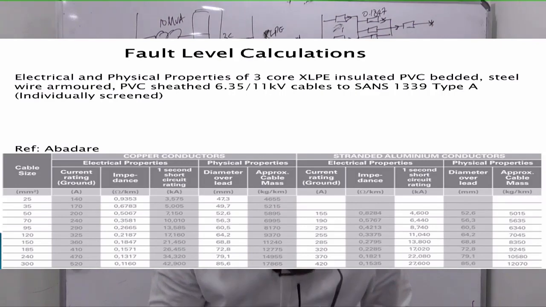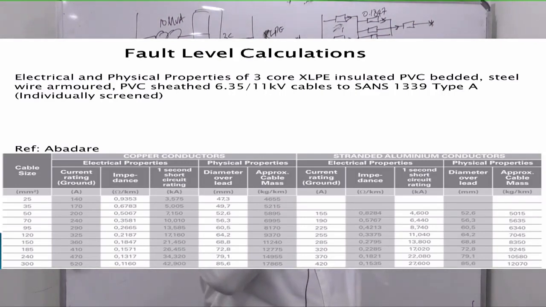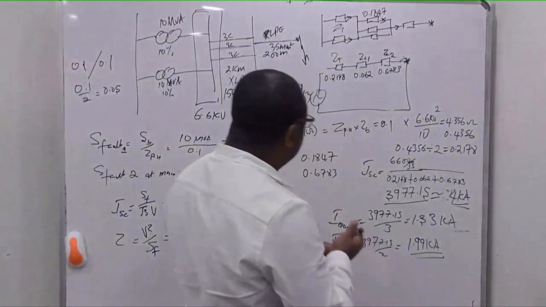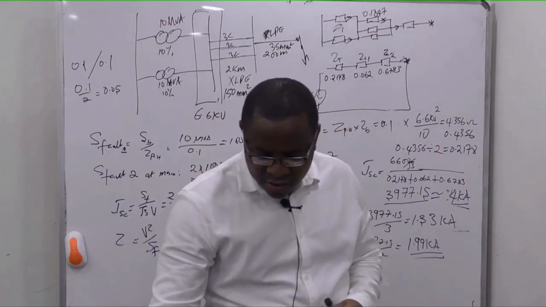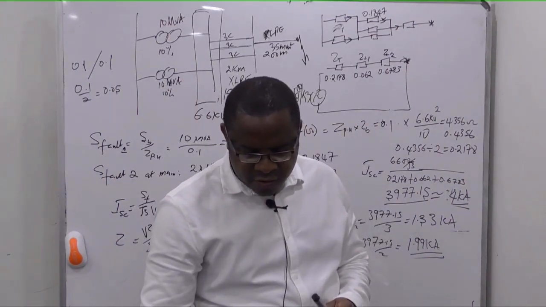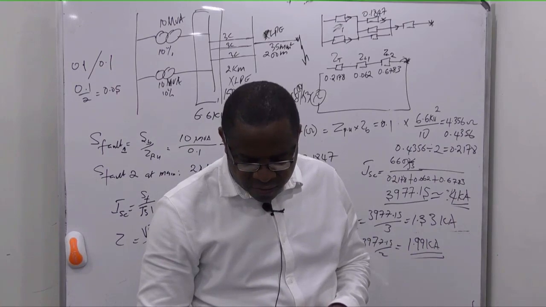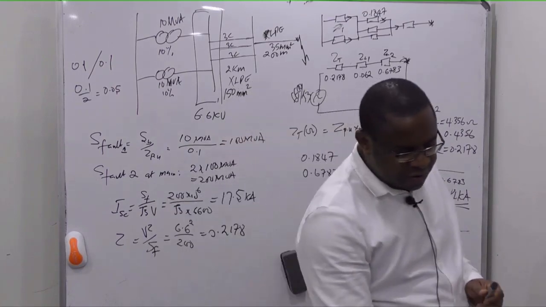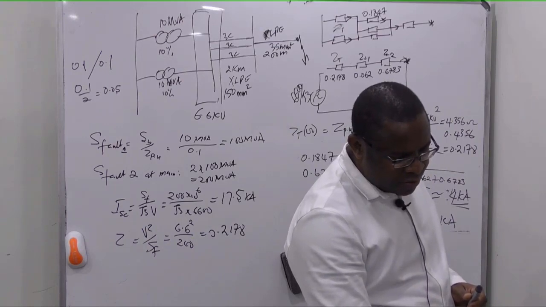But you can calculate it. So we're going to calculate. You know what I did before? 35 mils. For 35 mils, let me show you a table you can use also. 35 for XLPE cable. Let's look at the XLPE. Just want to show you a table that we use.